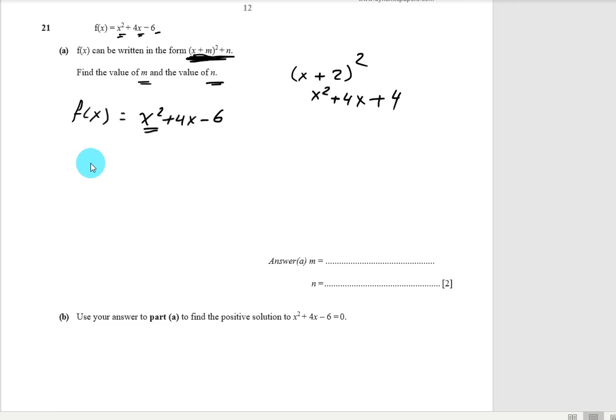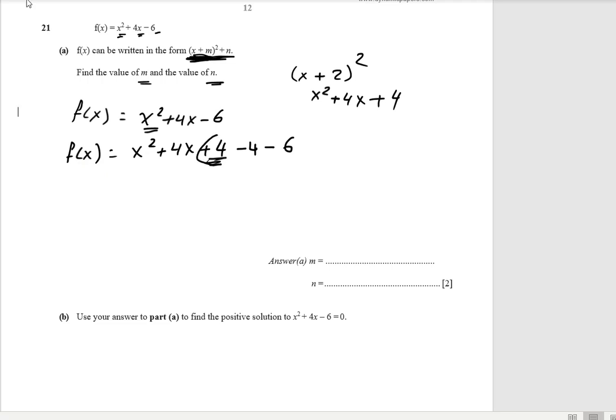To draw f of x in this way, so f of x will equal x squared plus 4x plus 4. I add here 4, so minus 4 minus 6. Let me put between brackets here.